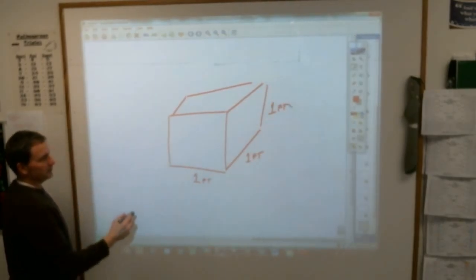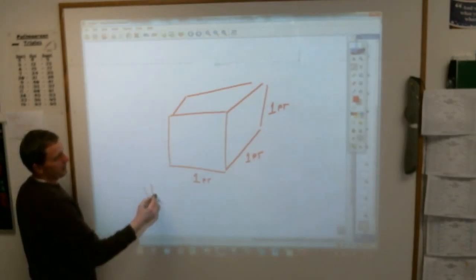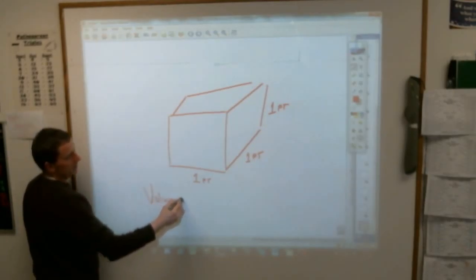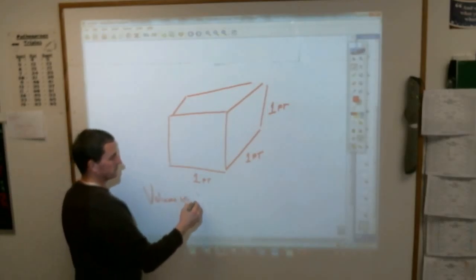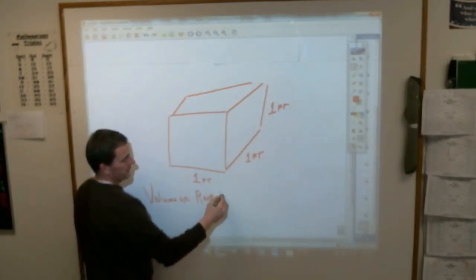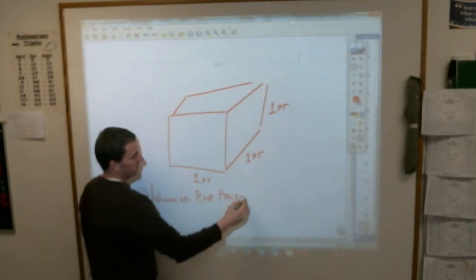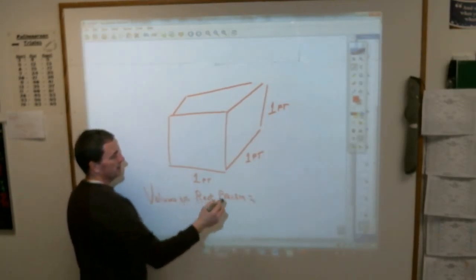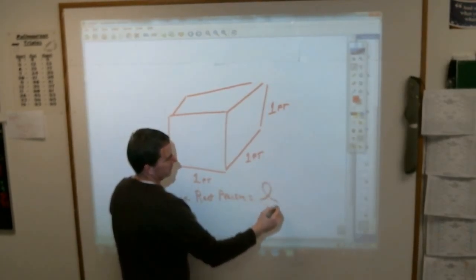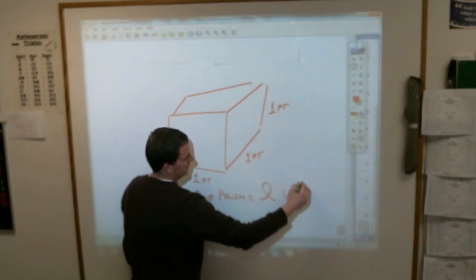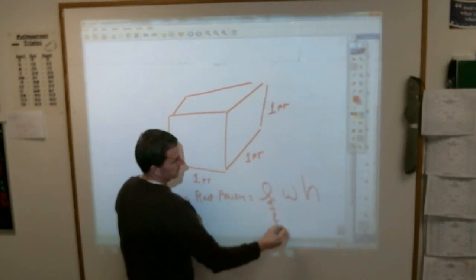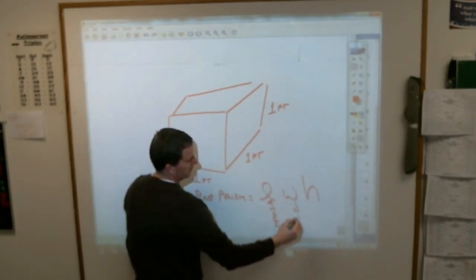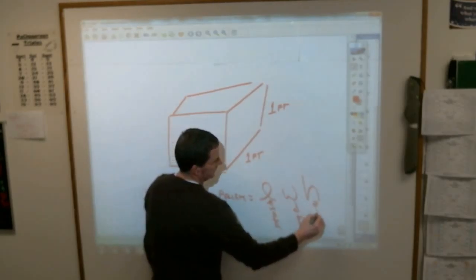To find the volume of what today we're talking about, a rectangular prism, you multiply the length times the width times the height. Length times the width times the height.